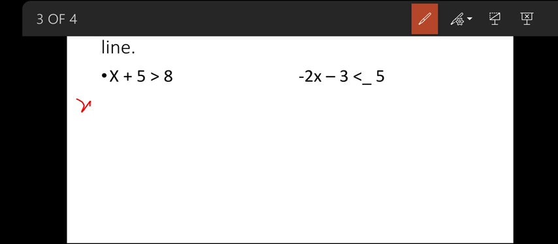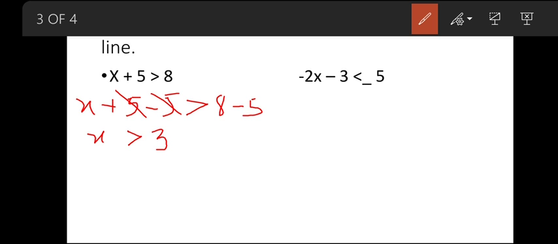So it's x plus 5 minus 5 is greater than 8 minus 5. This 5 cancels this 5, so we have x is greater than 8 minus 5, which is 3. Therefore x is greater than 3.